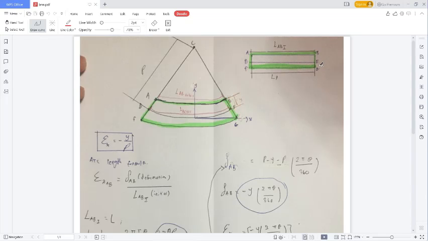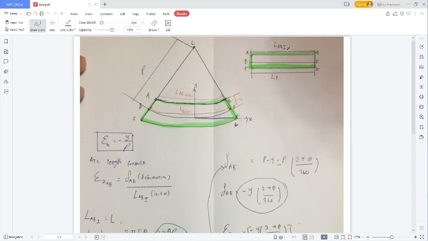The neutral surface is where the length will remain constant after bending, so there is no elongation at the neutral surface. DE will have zero deformation.